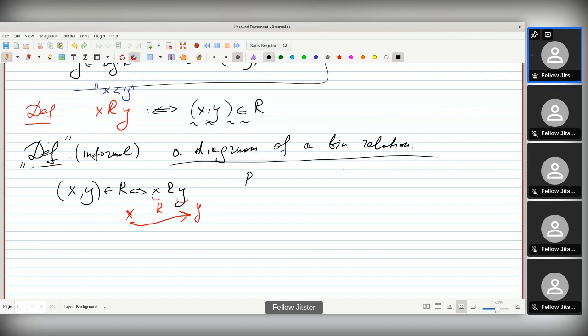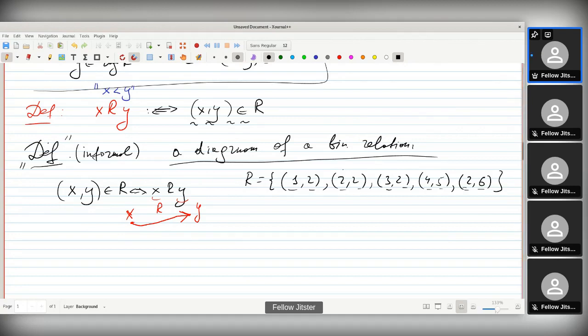So let us plot some binary relation with this idea in view. Assume that we have the following one: 1, 2, 2, 2, 3, 2, 4, 5, or better, 2, 6. So how can we plot it? Of course, first of all, let us plot all the points which belong to either the domain or the range.